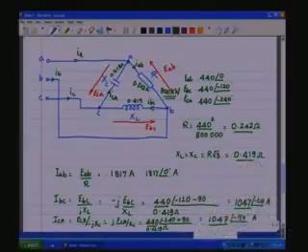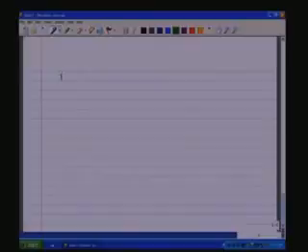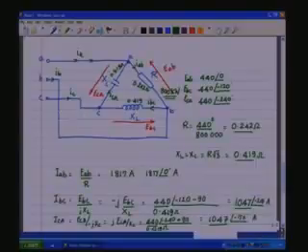Now, what is IA, IB, IC, the line currents? The effective value of IA, IB, IC is also to be calculated. This is IA, IB and IC. This is also to be calculated.